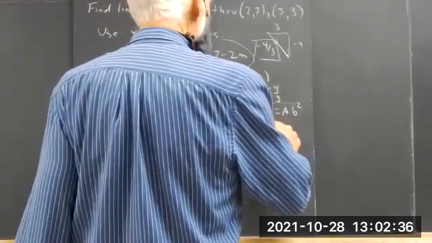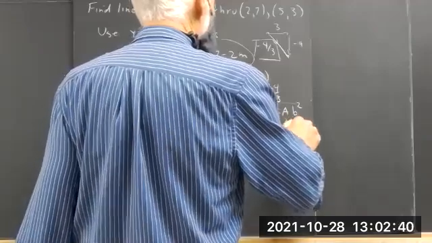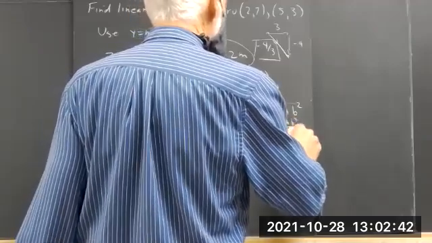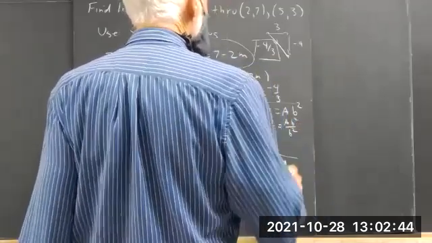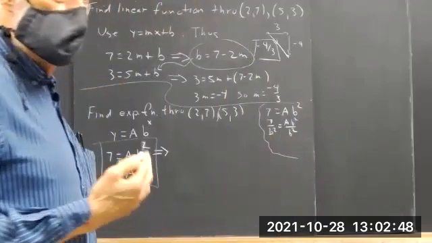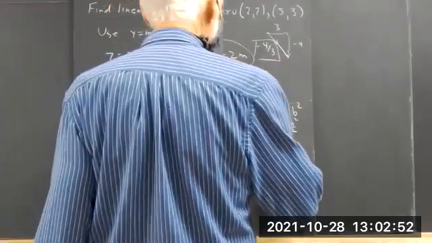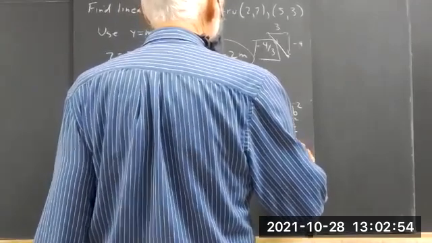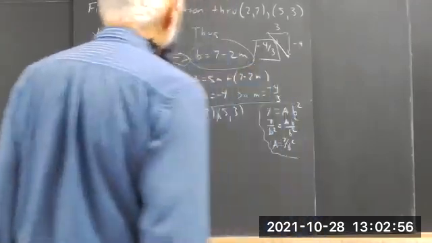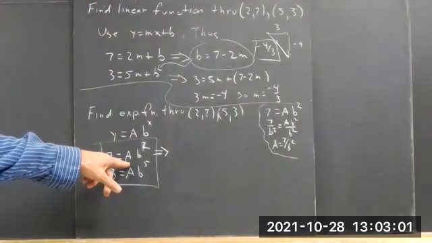So you get 7 over b squared equals a b squared over b squared. And of course, b squared over b squared is just 1. So this says that a equals 7 over b squared. So it's just one step to solve this for a.